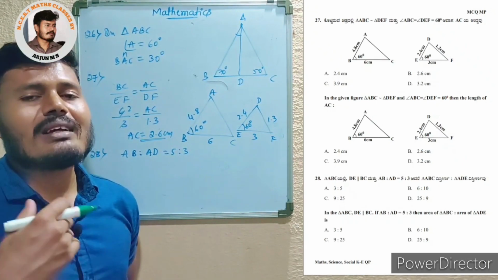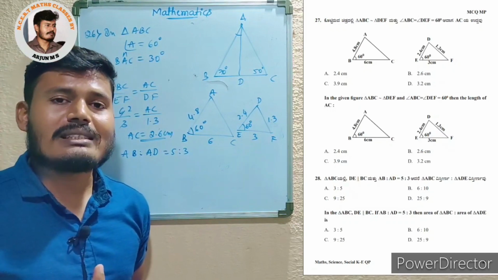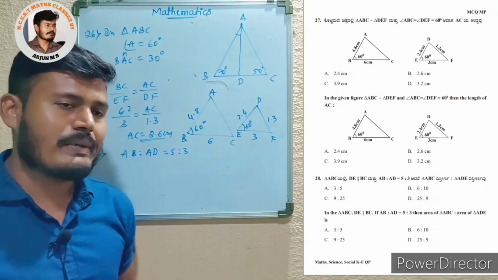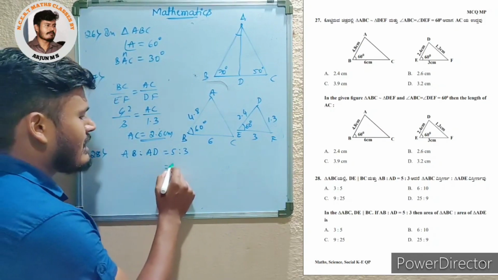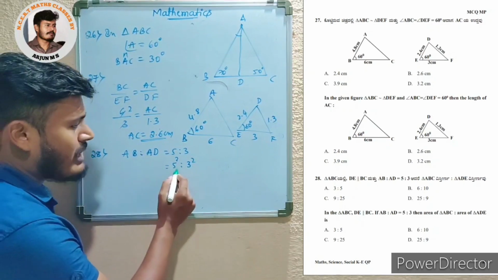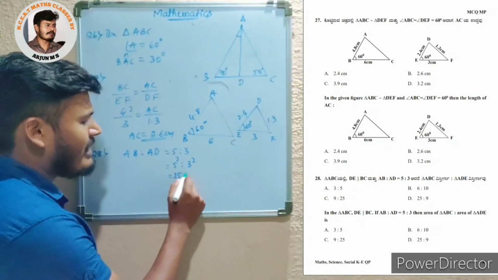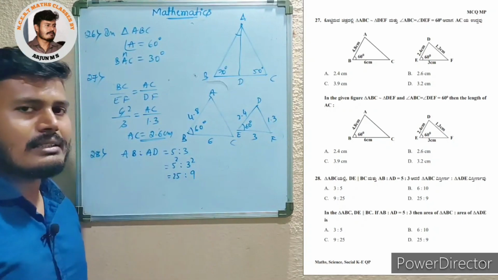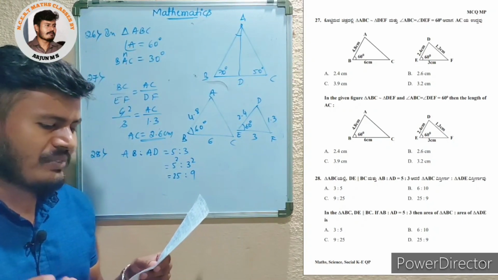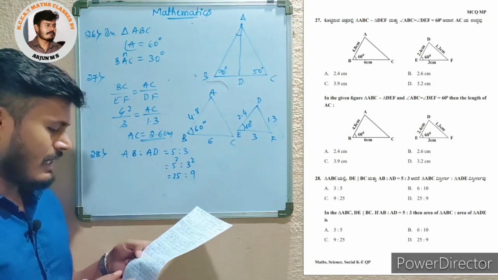The ratio of the areas of two similar triangles is always equal to the square of the ratio of their corresponding sides. So that is very important. According to that rule, this is equal to 5 square is to 3 square. 25 is to 9 is the answer. So option D, 25 is to 9, is the correct answer.